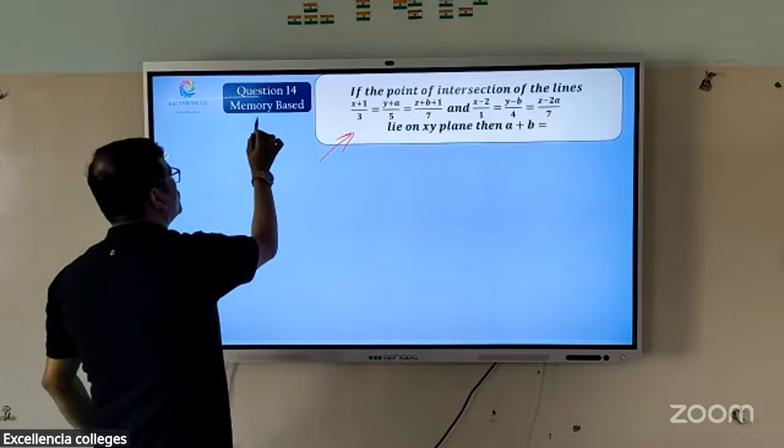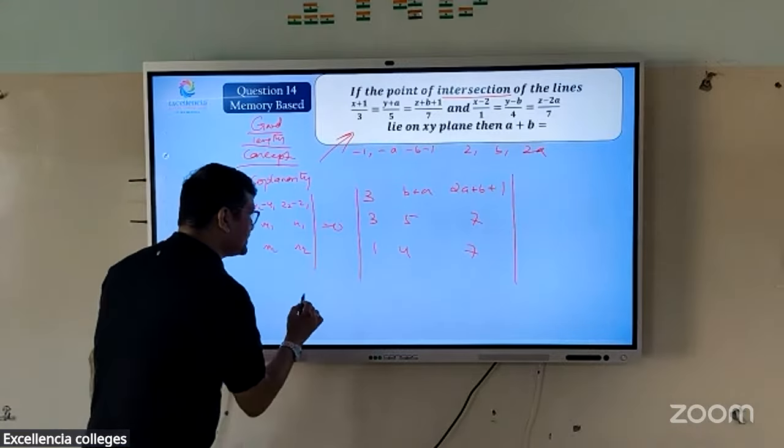What is the coplanarity condition? The determinant of x2 minus x1, y2 minus y1, z2 minus z1, then l1, m1, n1, l2, m2, n2 should be 0. So what do you have here? The first row is 3, b plus a, 2a plus b plus 1, then 3, 5, 7, then 1, 4, 6.